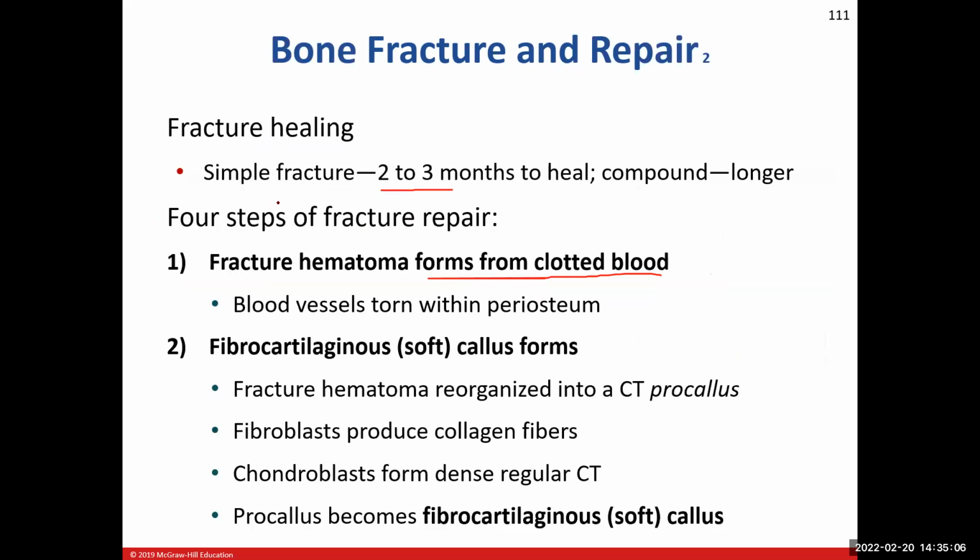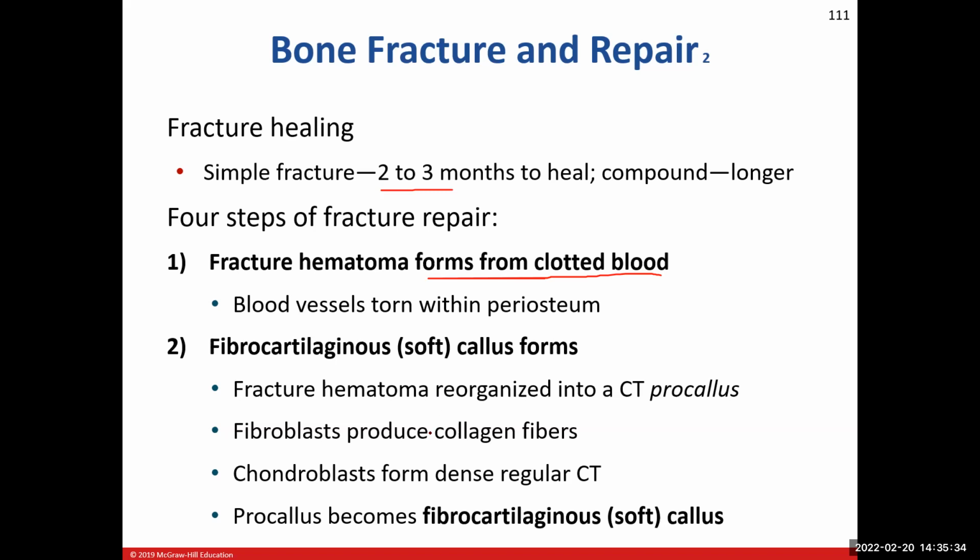So the second step now, we are going to form what we call our soft callus or our fibrocartilaginous callus. What we'll see is the connective tissue in that area that is forming within that hematoma is going to start to form a cartilage scab.